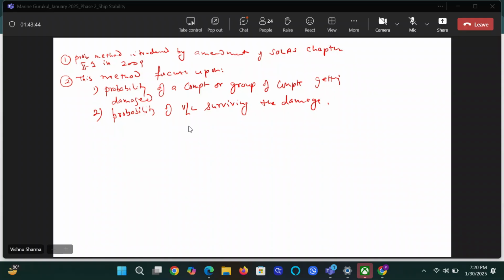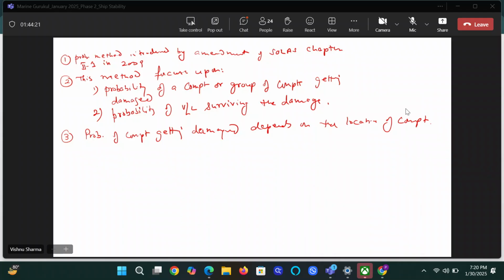Now, the probability of the compartments getting damaged depends on the location of the compartment. For example, guys, tell me, is a cargo hold number 2 or 3 more likely to get damaged, or a fore peak tank? Which probability is higher?